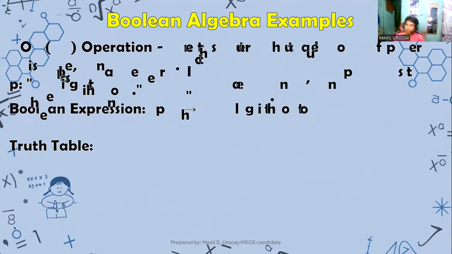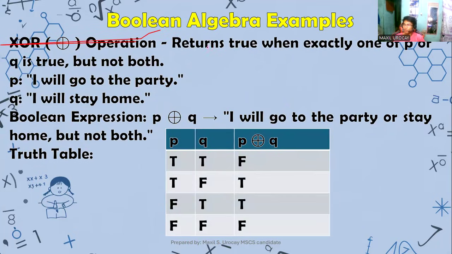That's how it works. So for XOR operations, it returns true when exactly one of P or Q is true, but not both.